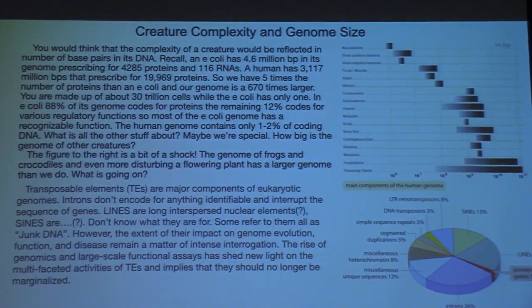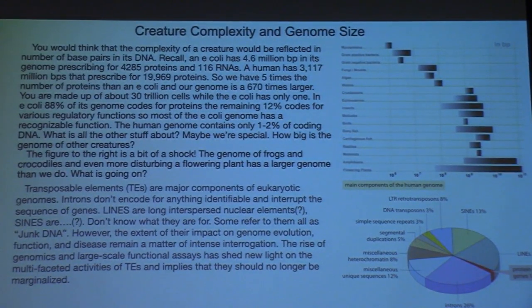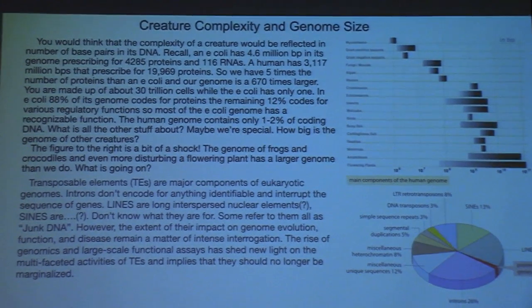In an E. coli, that simple creature, you could trace and understand that about 90% of its genome is prescribed for making the complex molecules that the cell needs to go on.